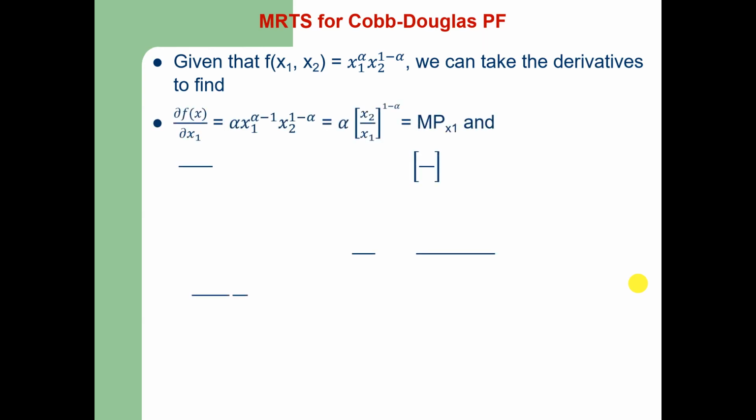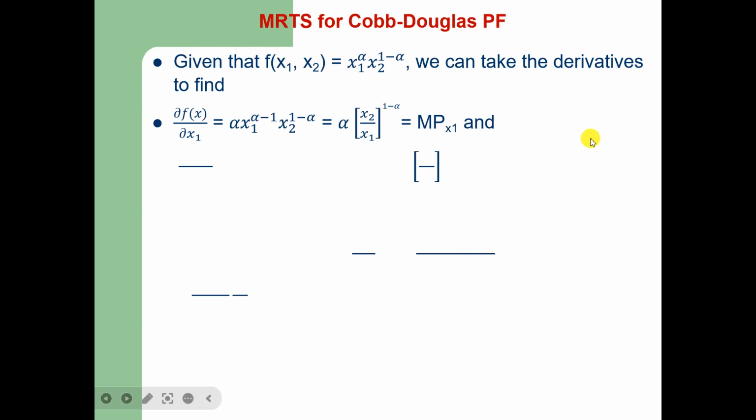So let us suppose that the production function is of Cobb-Douglas form, which is equal to x1 raised to the power alpha times x2 raised to the power 1 minus alpha. This is a multiplicative production function. So if we take the partial derivative of this function with respect to x1, that will be equal to the marginal product of x1.